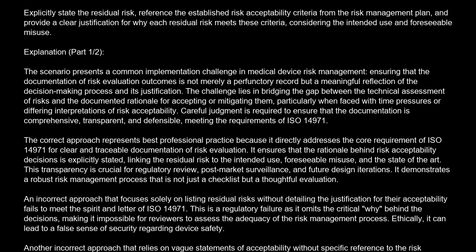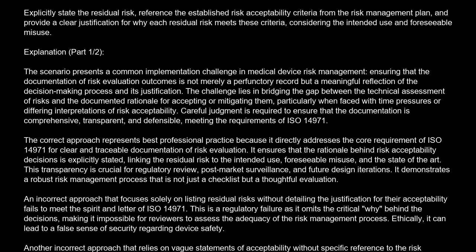Careful judgment is required to ensure that the documentation is comprehensive, transparent, and defensible, meeting the requirements of ISO 14971.